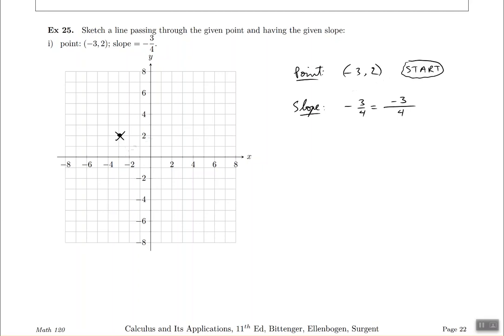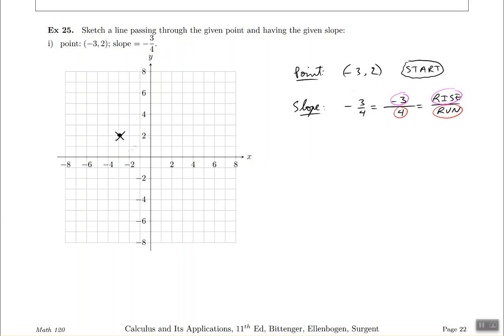Regardless of what you decide though, it will be the same outcome. It will be the same solution at the end. In my case, I like to put the minus always with the numerator. And keep in mind that the slope represents the rise divided by the run. So in other terms, in this problem, the rise is -3 steps and the run is 4 steps.